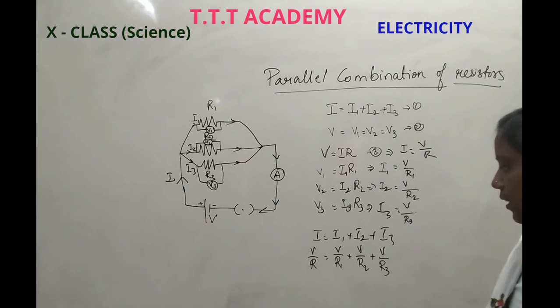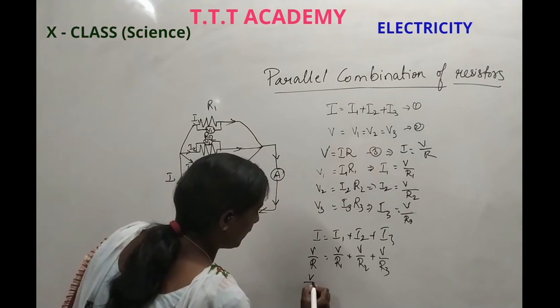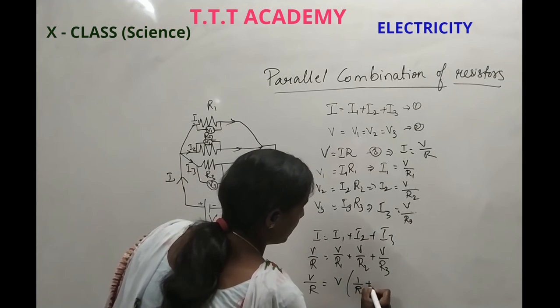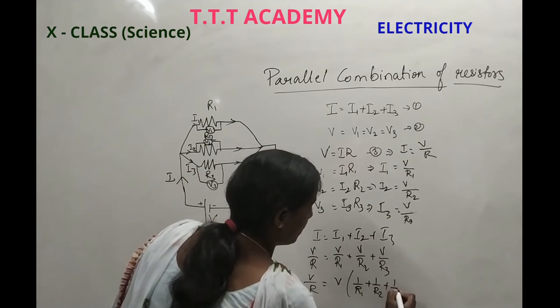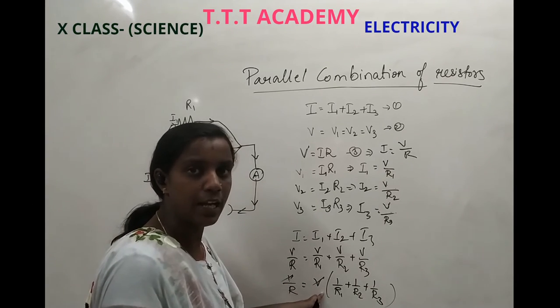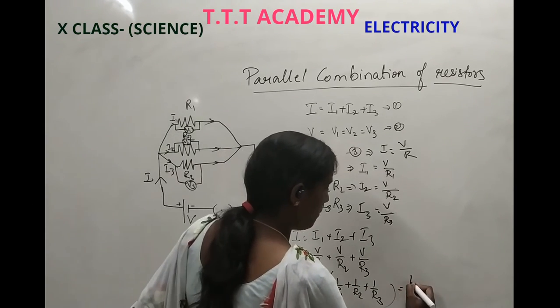Now we are going to take V as common. V by R is equal to V into 1 by R1 plus 1 by R2 plus 1 by R3. I am cancelling V and V, and we are getting 1 by Rp.